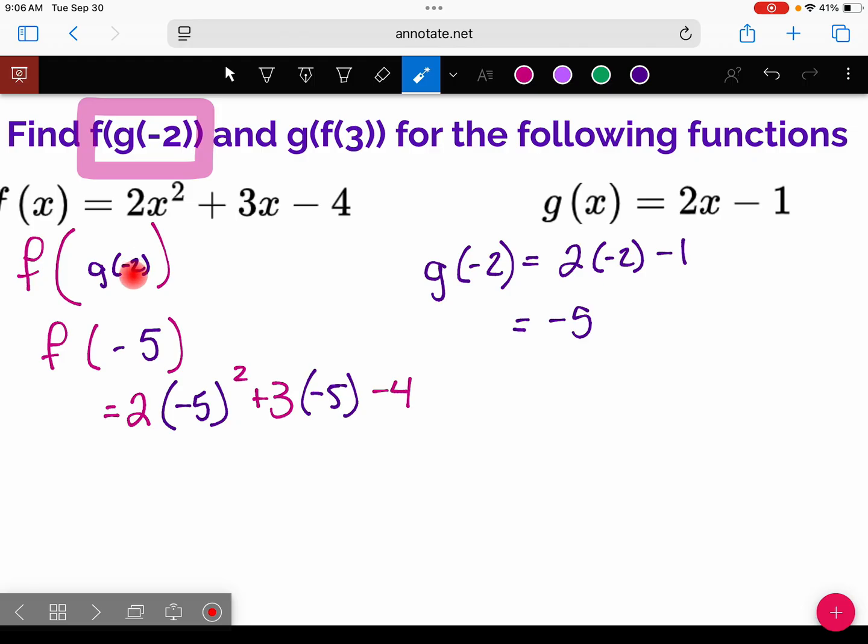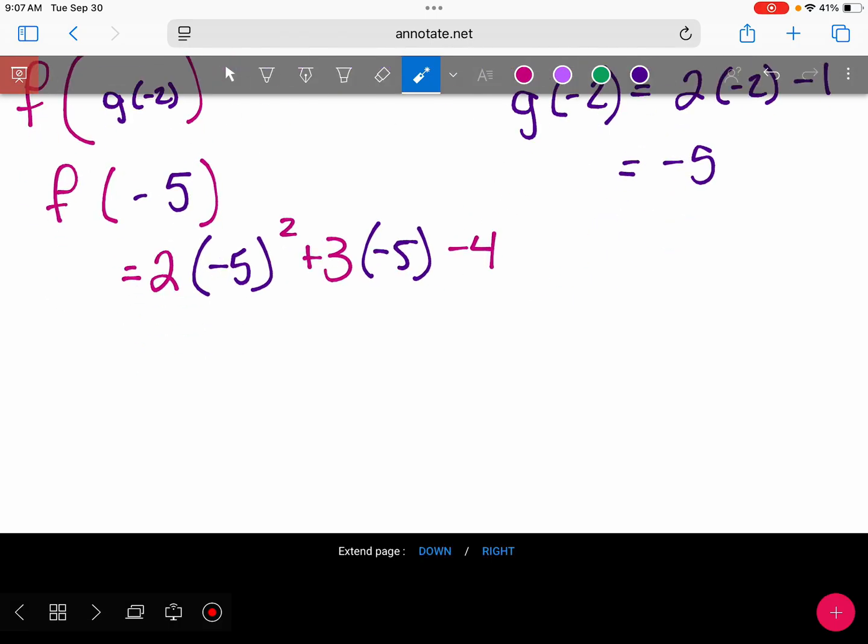So the negative 2 goes inside g of x here. This is f of g of negative 2. So we do g of negative 2 first, and we get negative 5. Since g of negative 2 equals negative 5, we can put that in place of it. So it's like a double substitution situation. What do we get when we simplify this now? We should get 31.